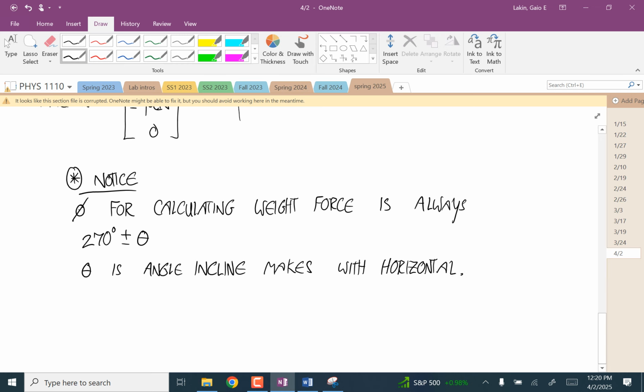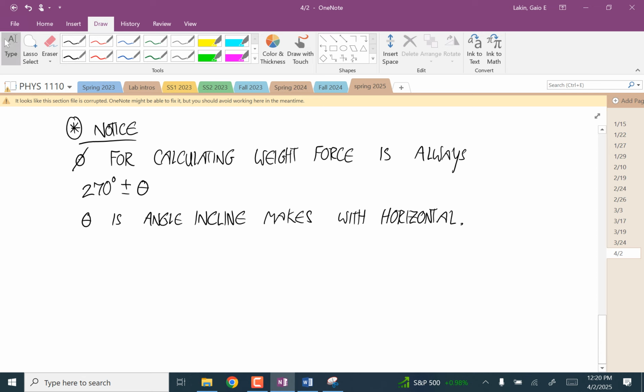So your job really is just figuring out, are you going to add the angle or subtract the angle? So the trick is figuring out whether to add or subtract.